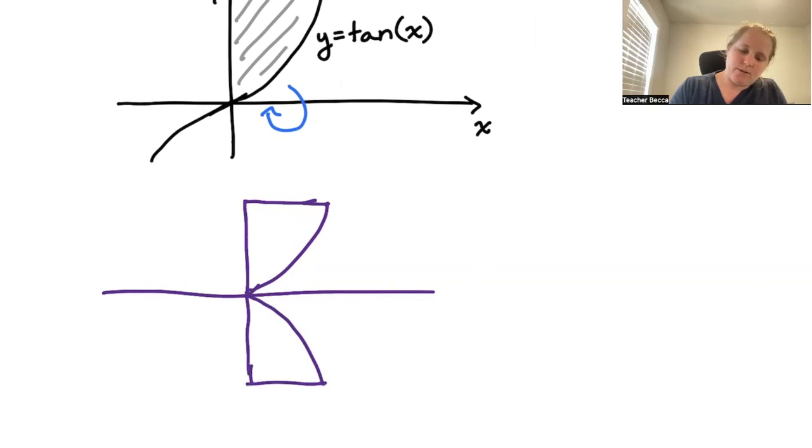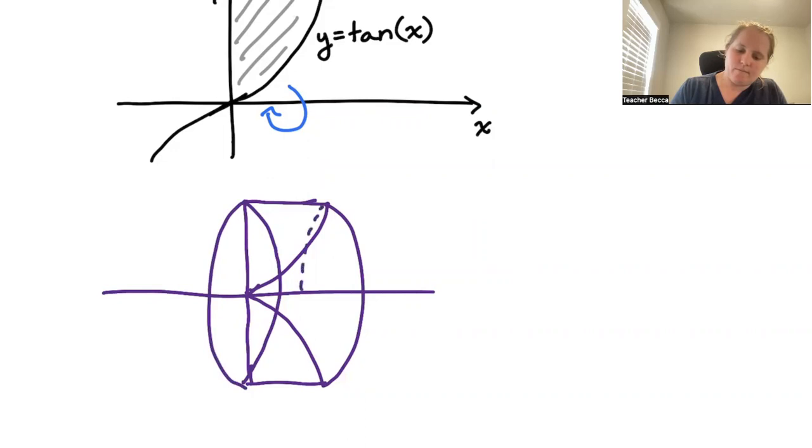And then as we rotate, we just get a bunch of cylinders. So the large cylinder is just flat across at y equals 1. The interior holes are the ones that will look different.